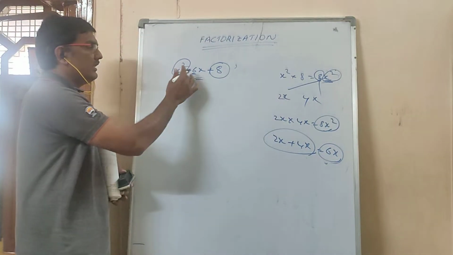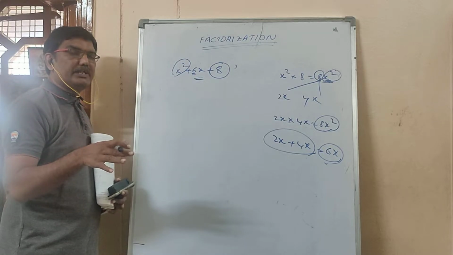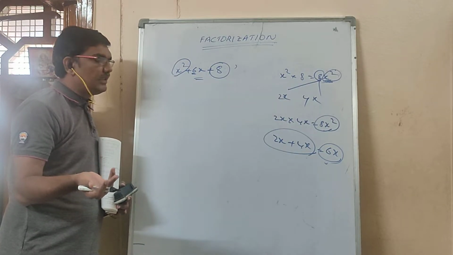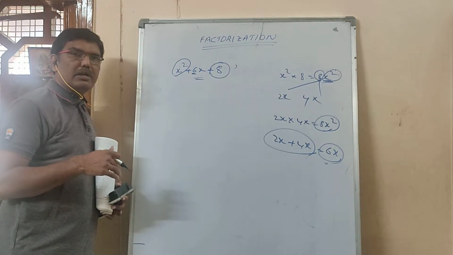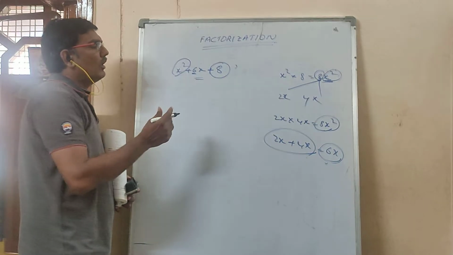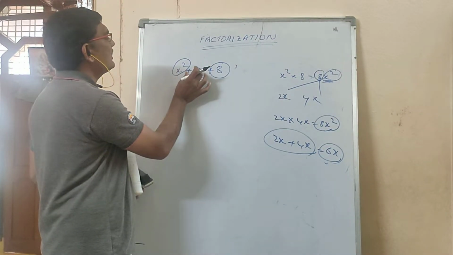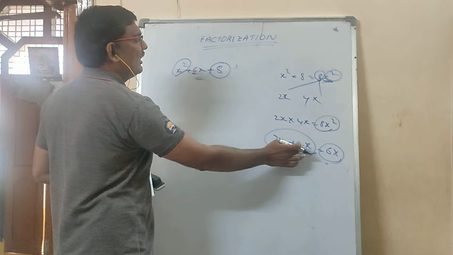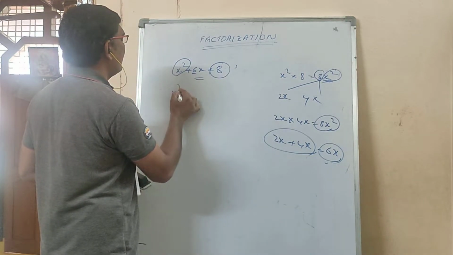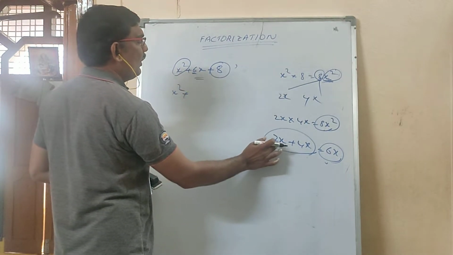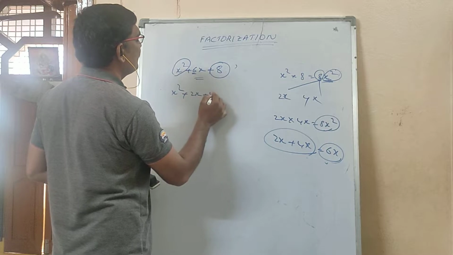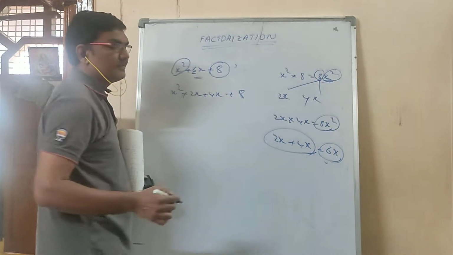What is the middle term here? 6x. For 2x, if you add 4x, are you getting 6x or not? Yes, you are getting it. So, like that, you have to split this 6x into these two terms. X square, okay? 6x, how am I writing? 2x plus 4x plus 8.